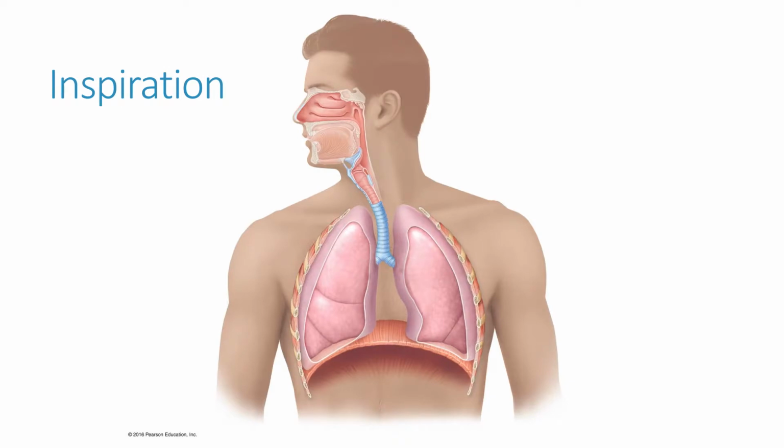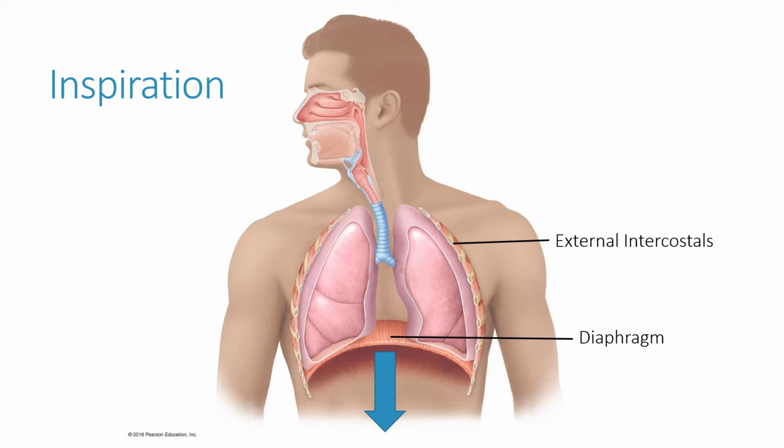In inspiration, we have a couple of skeletal muscles that are going to play an important role, including the diaphragm and the external intercostals. The diaphragm is a muscle that separates the thoracic cavity from the abdominopelvic cavity, and in its relaxed form, it kind of forms this mounding dome type of shape. During inspiration, when we're trying to take air into the lungs, the diaphragm actively contracts and starts to push its way down.